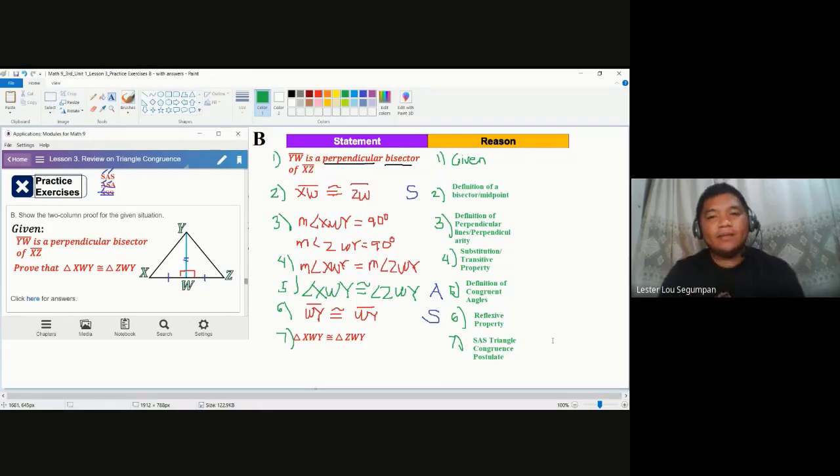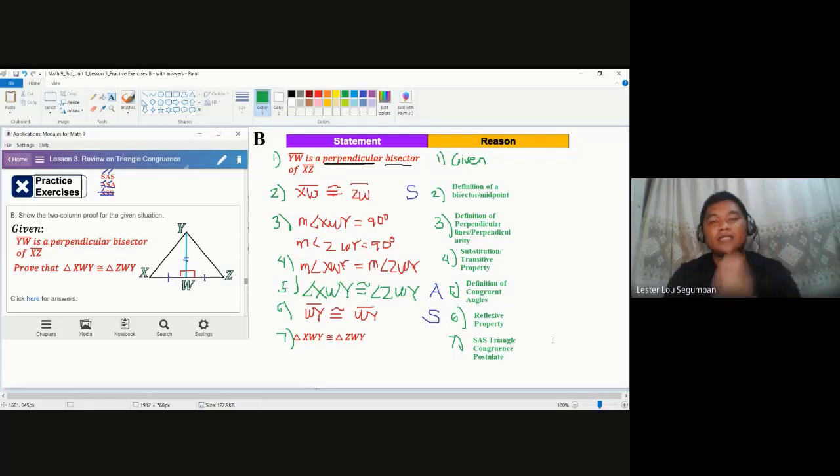We have already established a proof here from the given and all the relationships that we could look at. Again, when you're trying to prove triangle congruence, do not say, I would like it to have SSS and I will look for a relationship for SSS. Or I would like it to have SAS and I will look for S and A and S. You do not decide on the postulate at first glance.